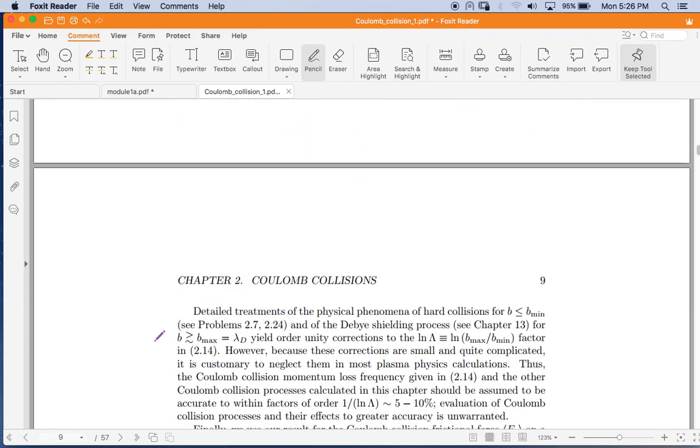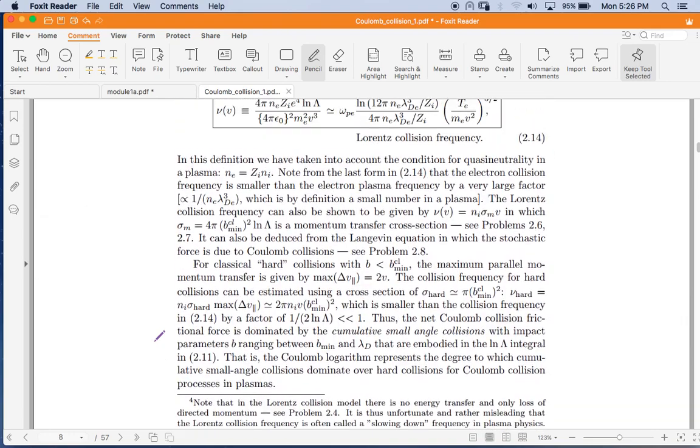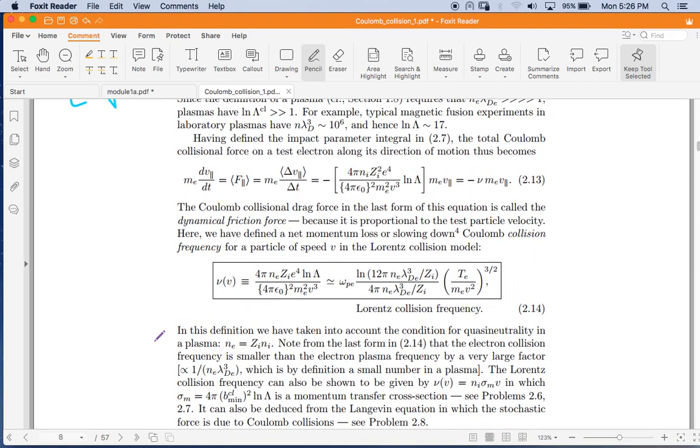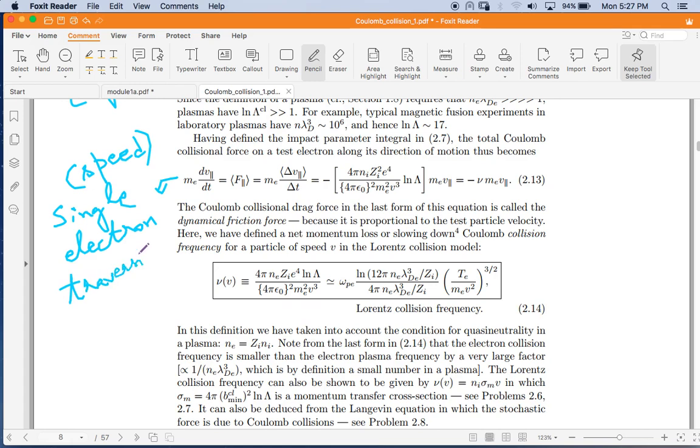This expression would again be for a single electron, a single speed electron, traversing a background of ions.